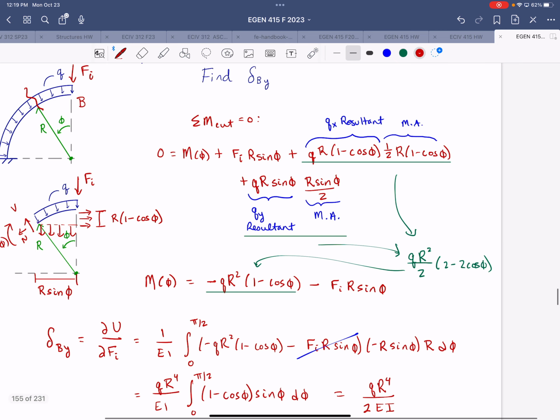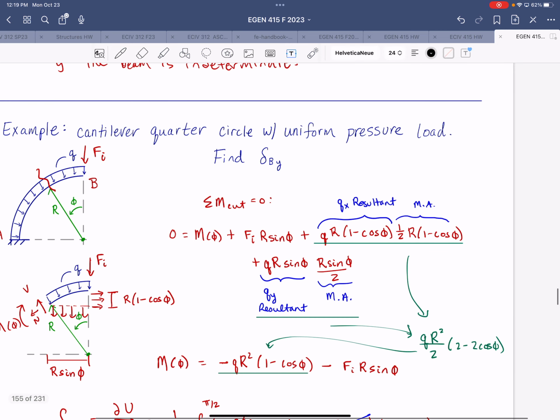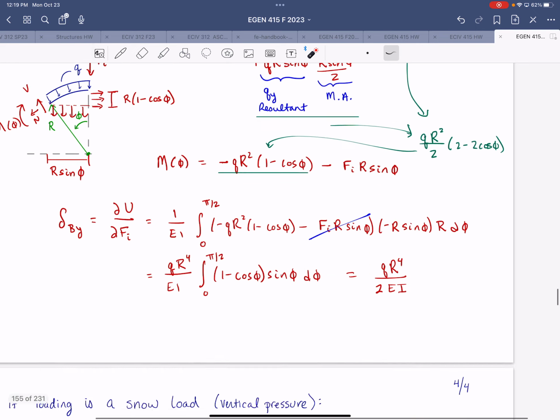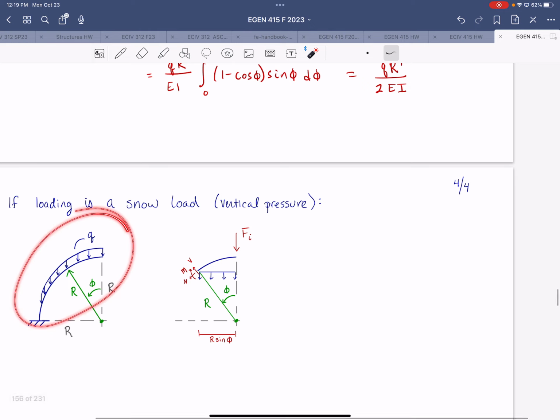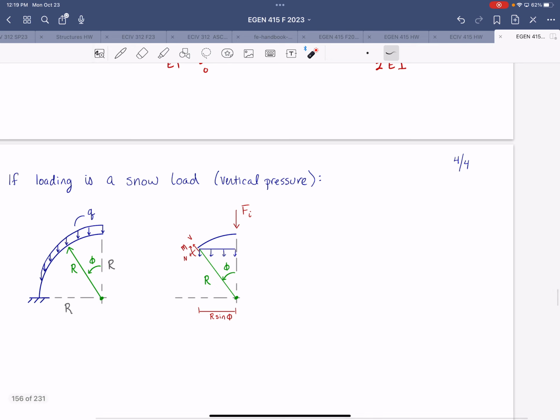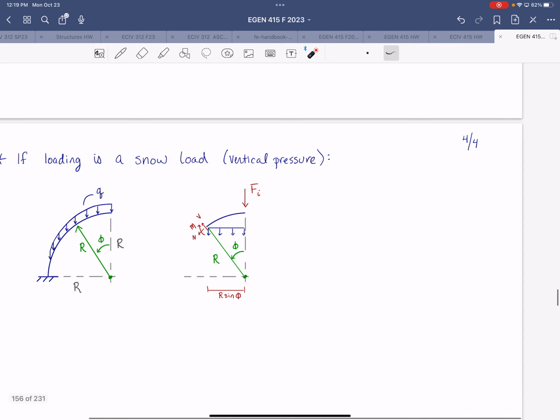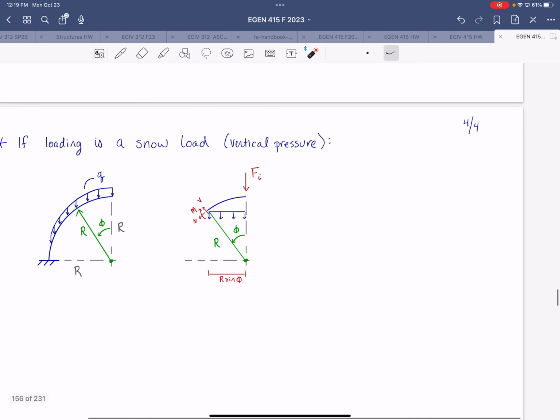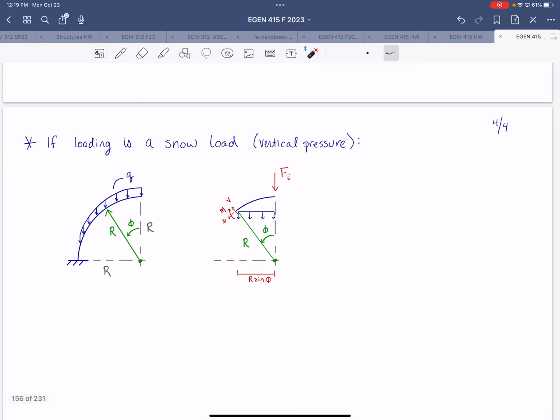So at first glance, this problem with the uniform pressure load on the quarter circle might appear to be simpler than this problem, right, where the pressure load is just vertical. But it actually is going to be simpler in this scenario with the vertical only pressure. So this would be the case if we had, for example, a snow load.